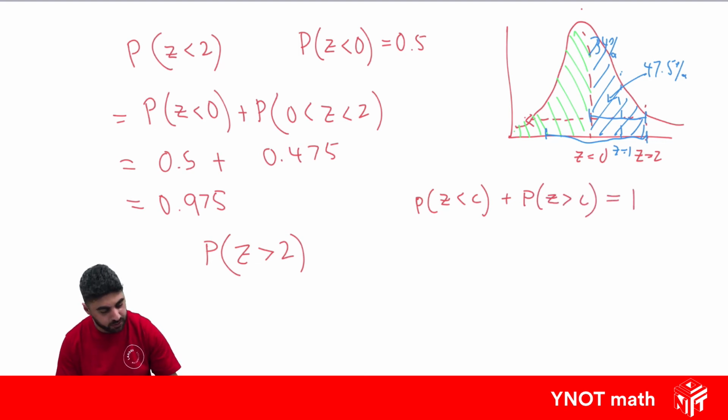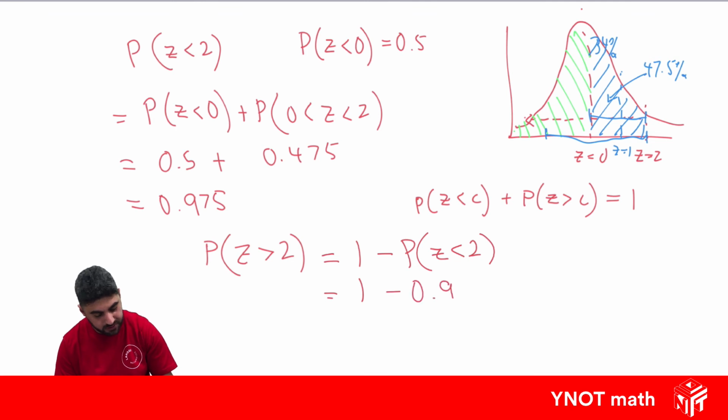And we just worked out the probability that the z-score was going to be less than 2, because that's what we did up here. That was 0.975. So this must be 1 minus the probability that the z-score will be less than 2. So we get 1 minus our previous answer of 0.975, and that's going to give us 0.025.